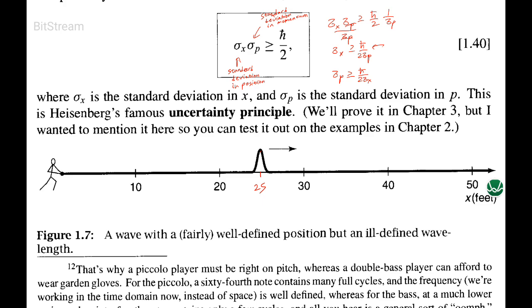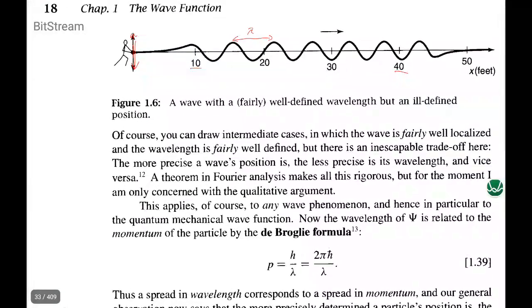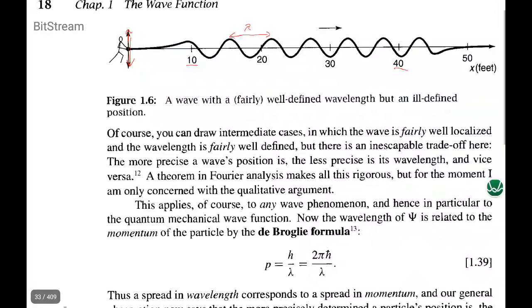So there's basically a trade-off. We can either have a well-defined position and a not well-defined wavelength, or we can have a well-defined wavelength but not a well-defined position.